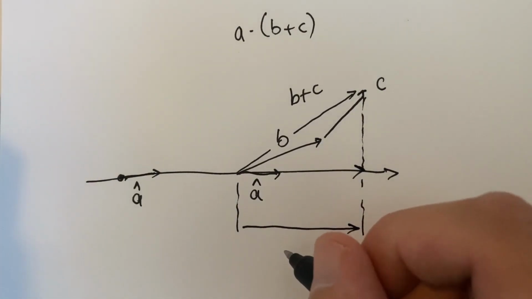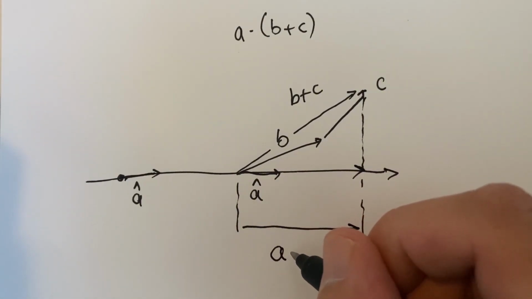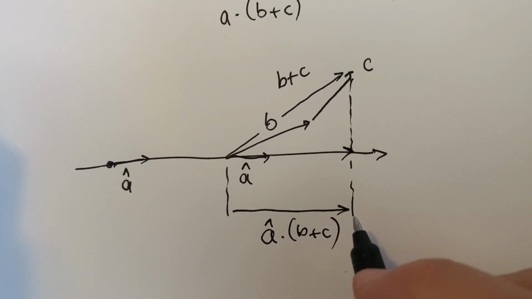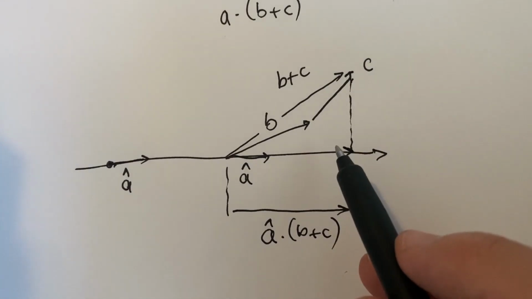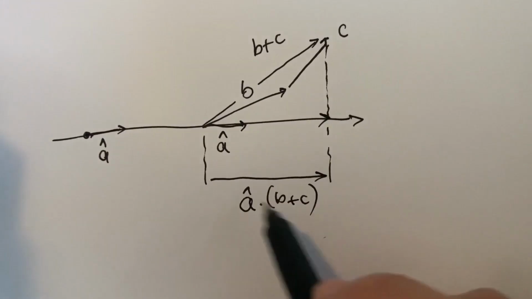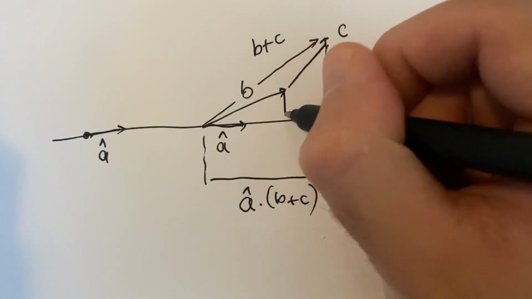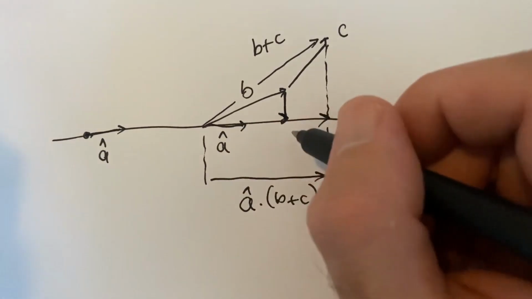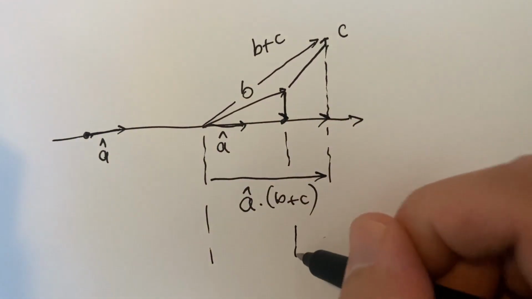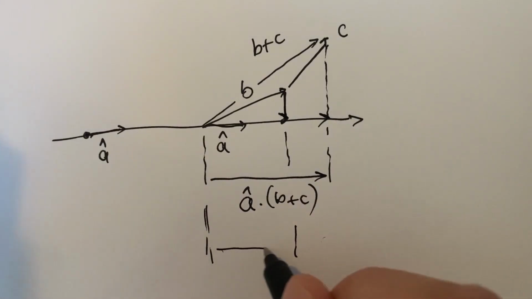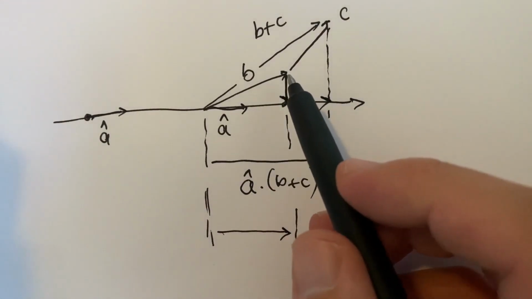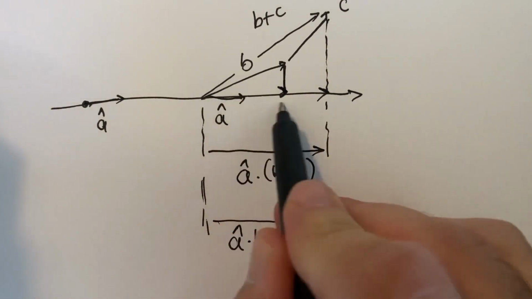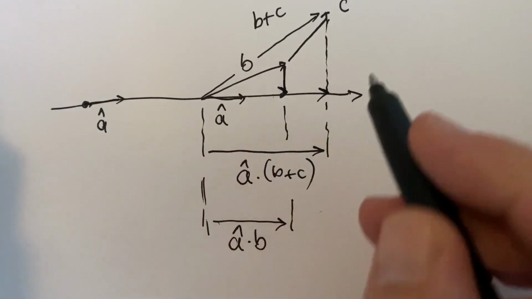So this vector over here is actually a times b plus c. Right. So geometrically, how do we prove that this distributes? You can do this projection over here and you get this vector. I can extract it even more. I hope you'll be able to follow this, but this line over here is a dot product b.